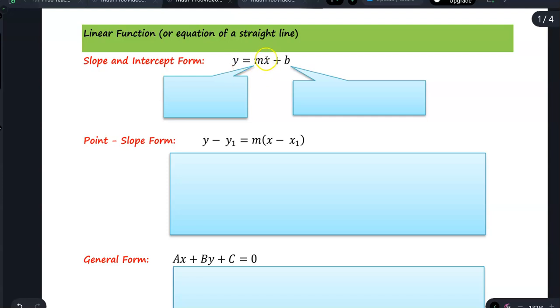So these values for x and values for y depend on each other to form this linear function. There are three forms of this linear function. The very first one is slope and intercept form. The second one is point-slope form. And the last one is called general form.